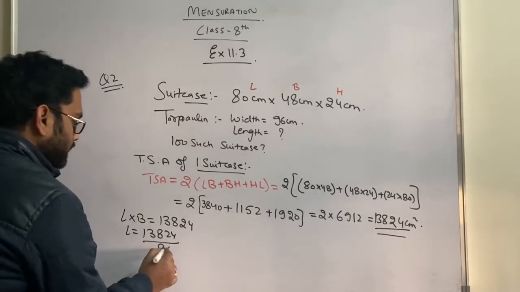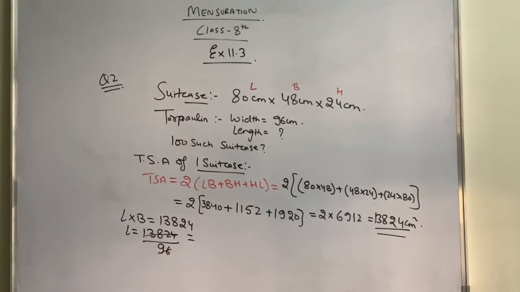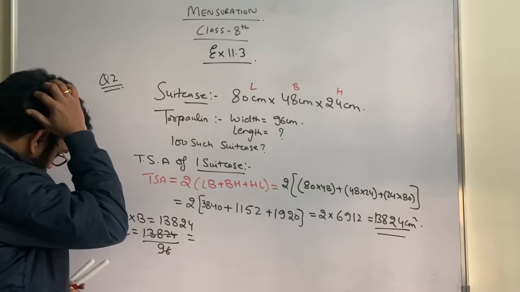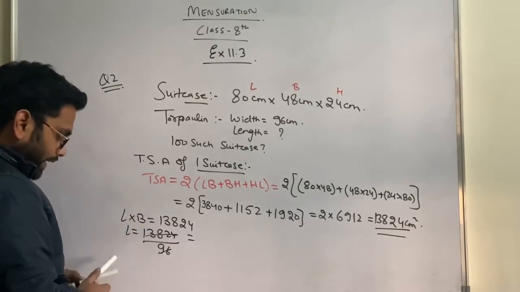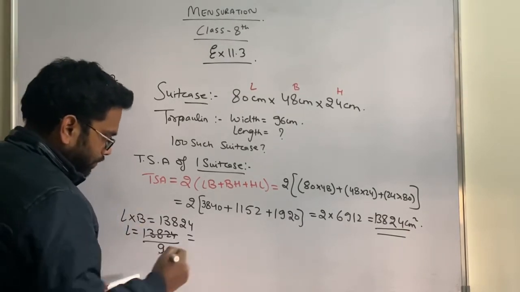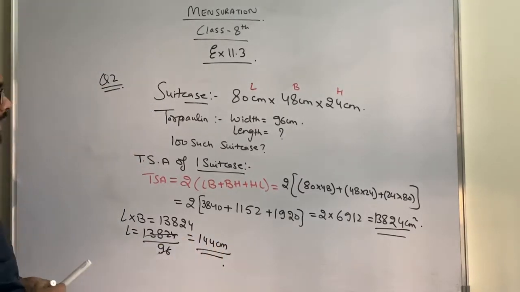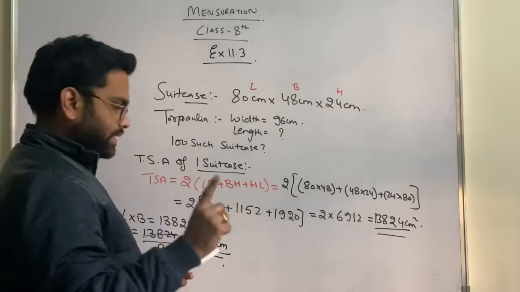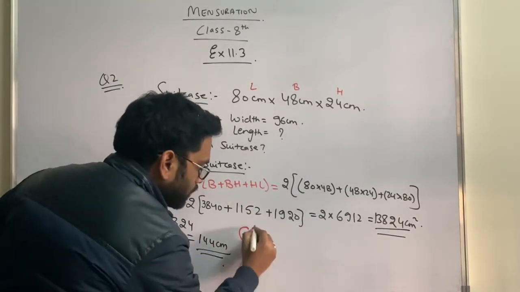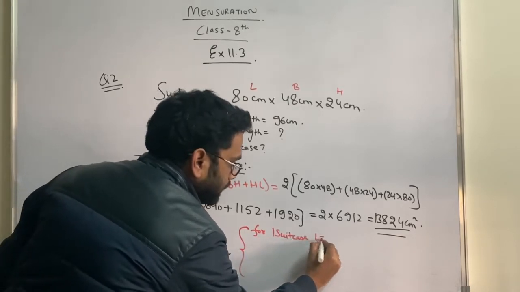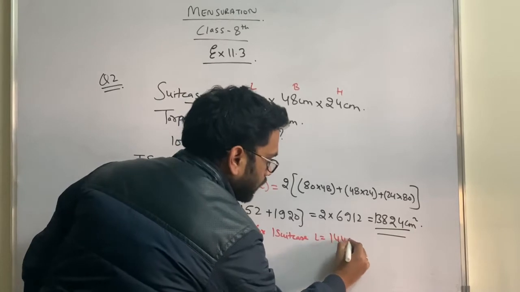If you divide it, you will get 144 centimeter. So for one suitcase, the length is equal to 144 centimeter.